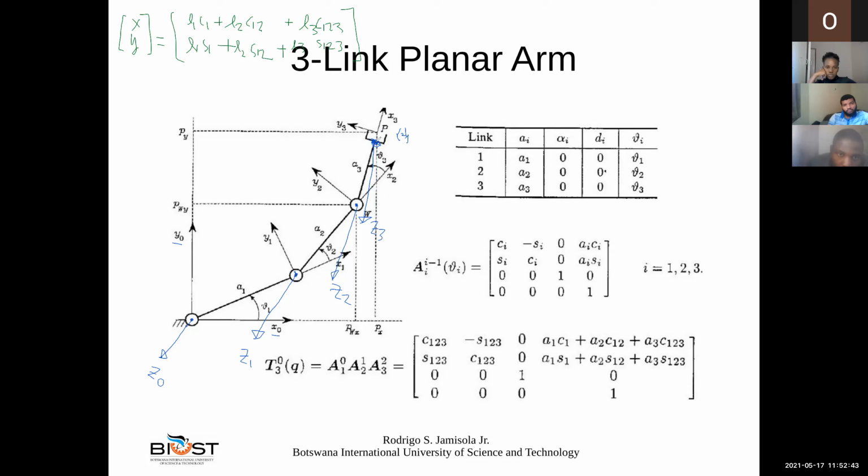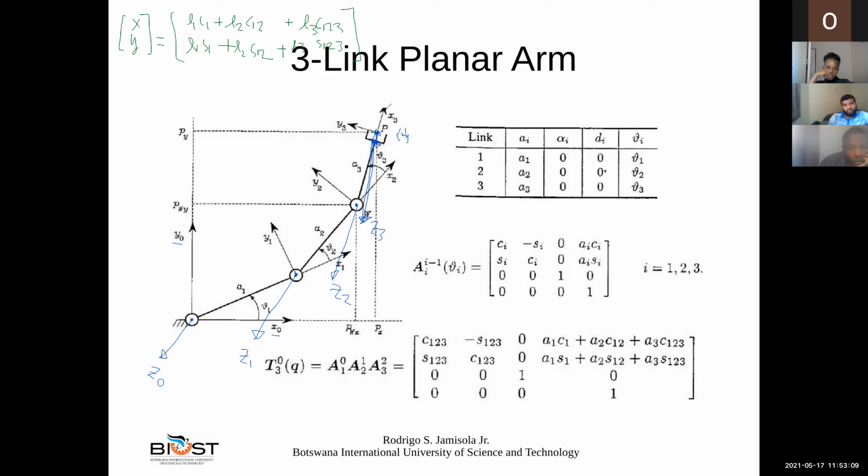Maybe let's just transfer it here so that we can easily see it. Is this normal? Yes, because this is out of the paper and that's on the paper.